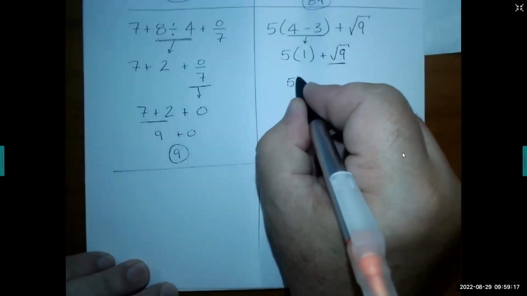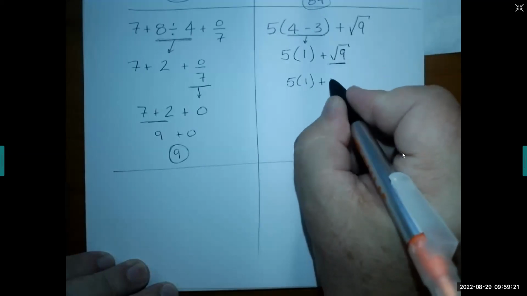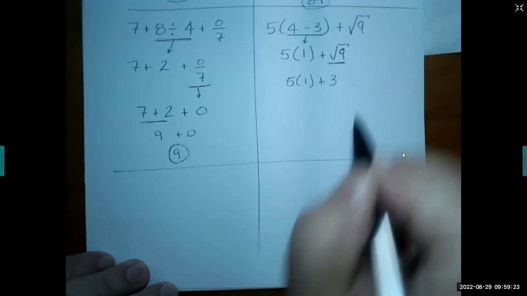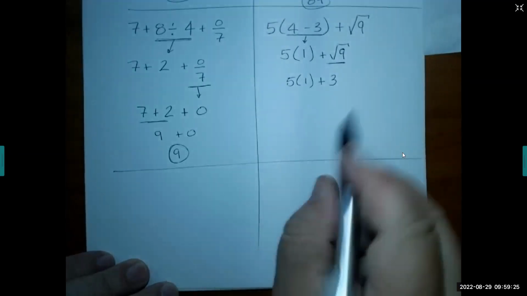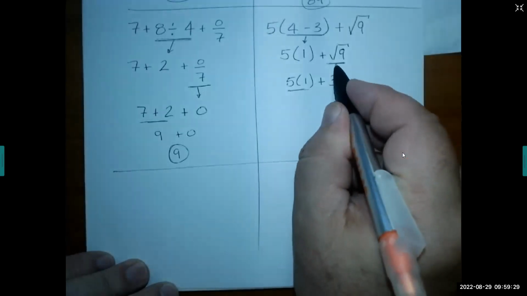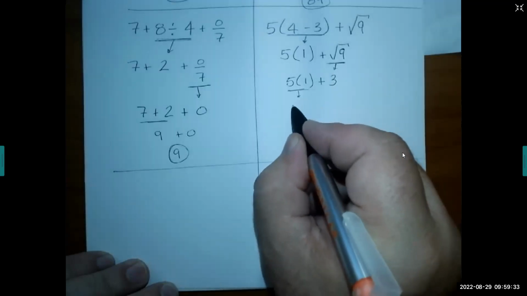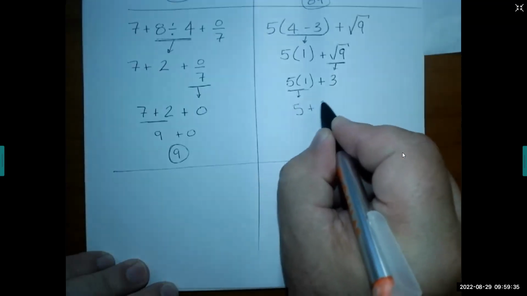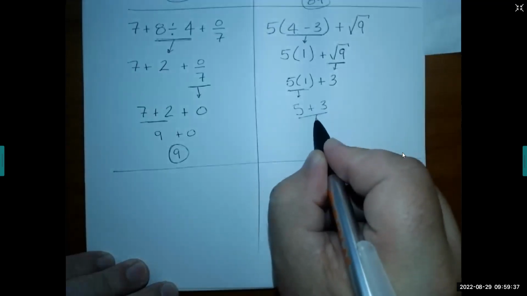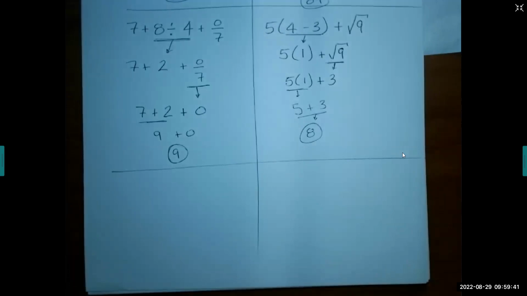So we have 5 times 1. Square root of 9 is 3. Left to right, no special operations. Here's a multiplication. 5 times 1 is 5. Plus 3, 8. Making more sense now?